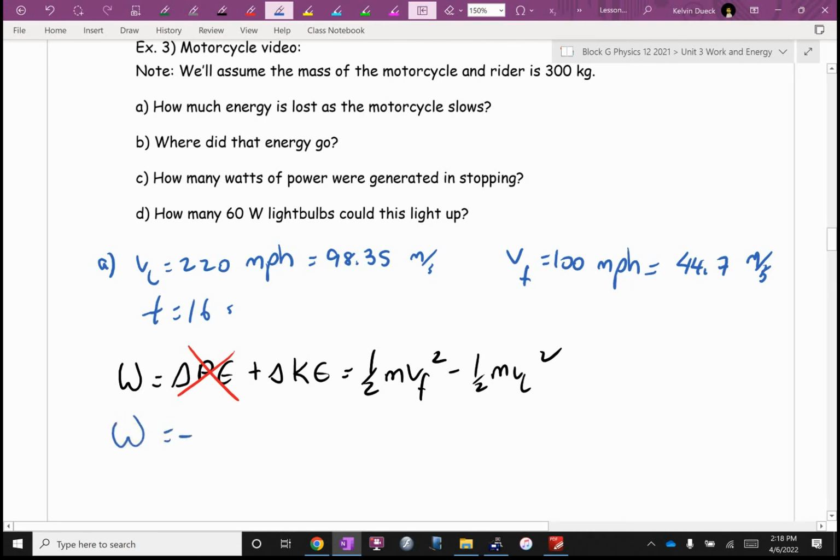We're going to get a negative answer. Yeah, the motorcycle had to lose energy. 0.5 times 300 times 44.7 squared minus 0.5 times 300 times 98.35 squared.